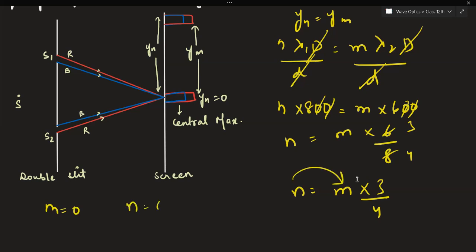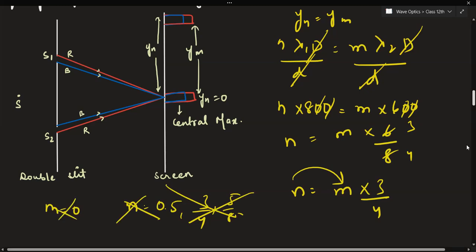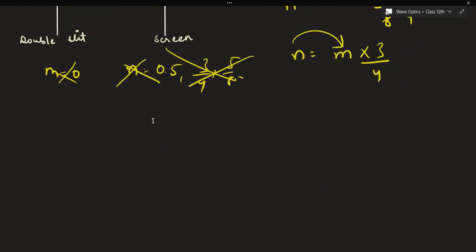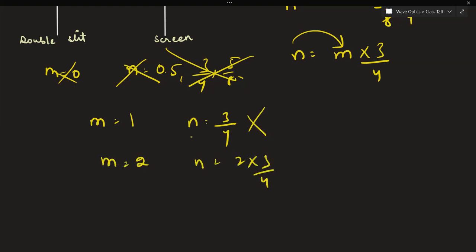So n's value cannot be 0.5, it cannot be 3 by 4, it cannot be 5 by 8 or any other such values. These values are not possible for n. So we have to keep on checking by the hit and trial method. If you put m as 1, you get n as 3 by 4. Fraction not allowed. m as 2, n is 2 into 3 by 4, you're getting 3 by 2, not allowed.